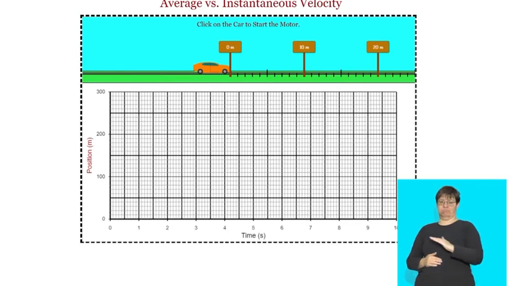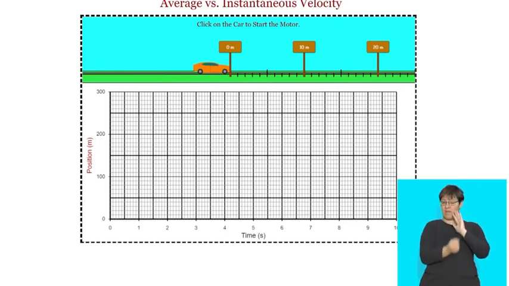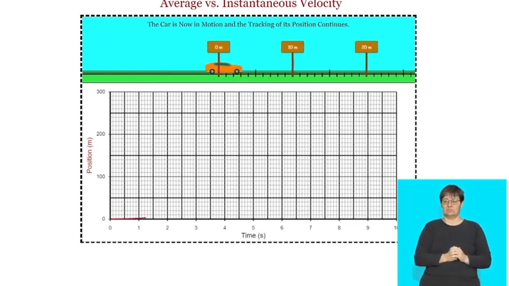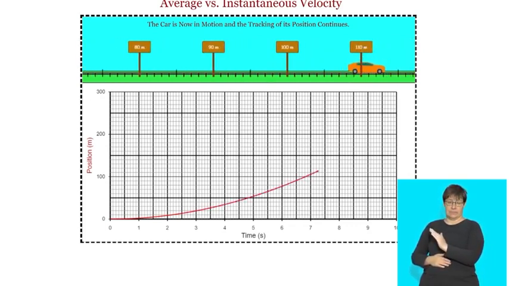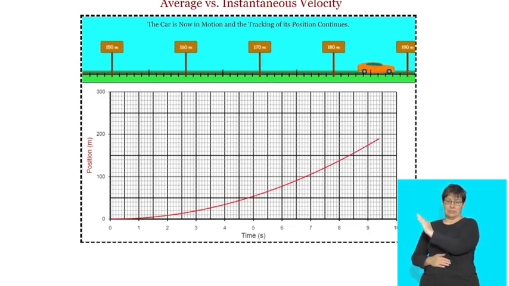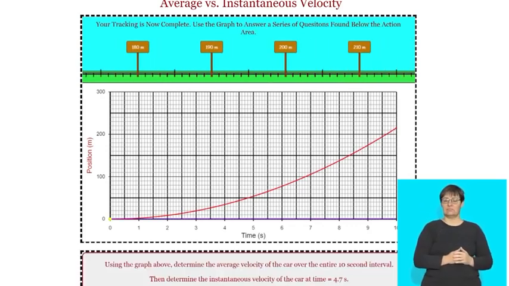What I need you to take note of is what's happening on this graph, because that's the important part, okay? So let's see him go. There we go. He gets nice and fast. Off he goes. And done.